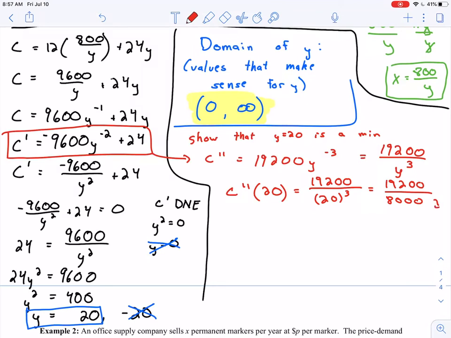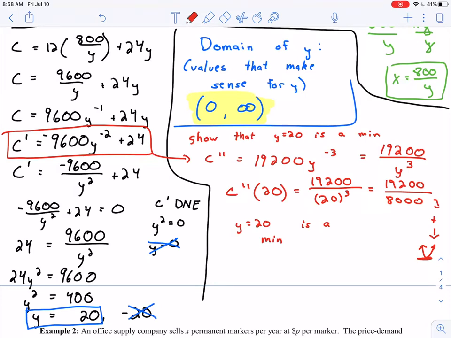This number's positive, which means that we have something which is concave upward. We have that minimum, which is exactly what we want. So yes, we do have a minimum. So we have verified that y equals 20 is a minimum. This is good.